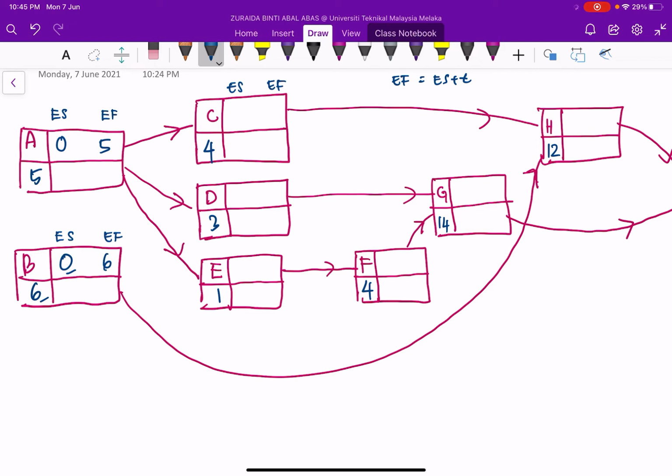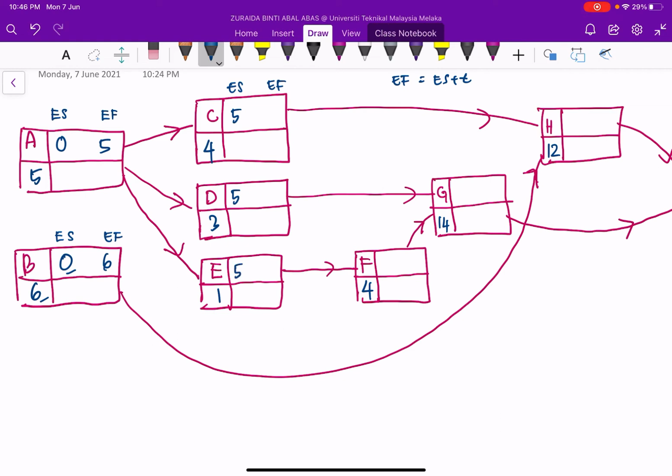Now, you know that from A, you will go to C, D, and E. With activity C, the earliest start time is 5. The same goes for D, it can start at 5, and E also starts at 5.